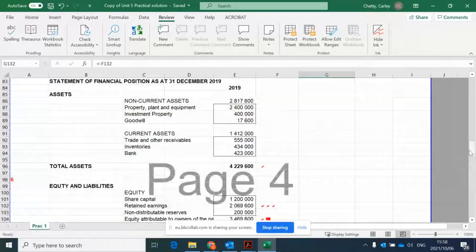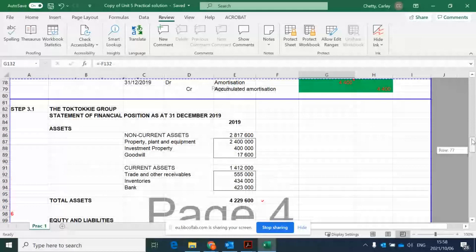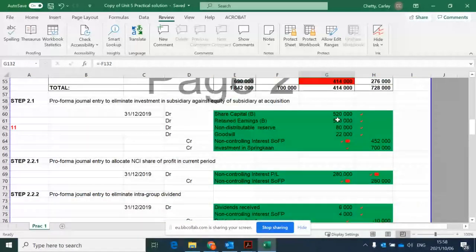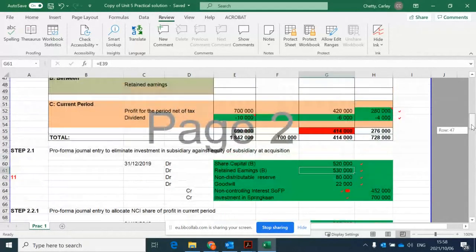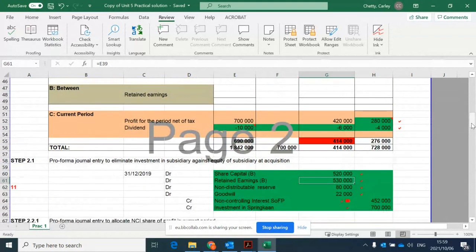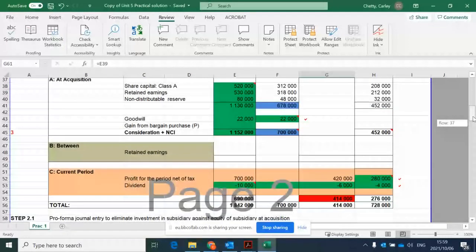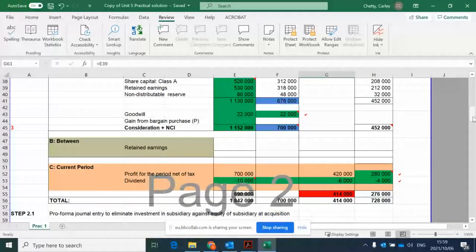So if you have a look, do you agree that when we had our acquisition, we would have eliminated all of the retained earnings pre-acquisition in SpringCon? So that 530,000 relates to the pre-acquisition retained earnings, and we need to eliminate that. Then we had NCI's portion of current year profits being 276,000.